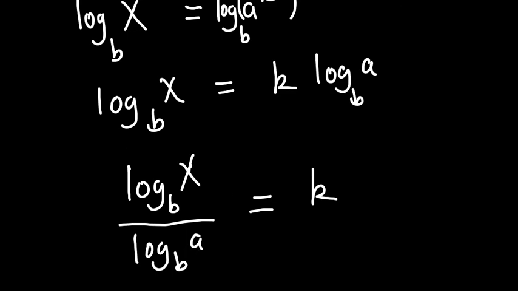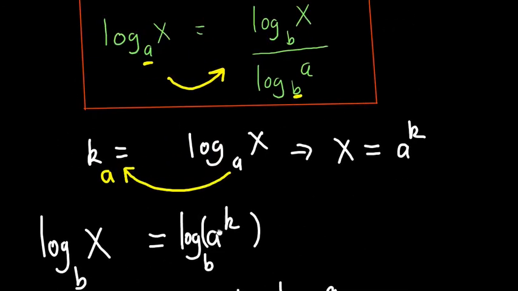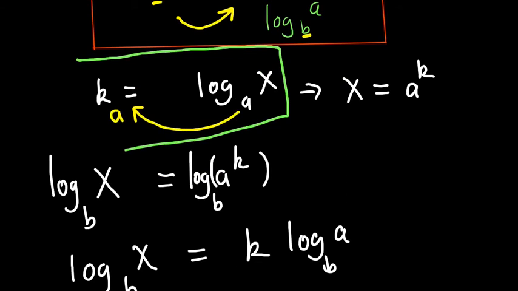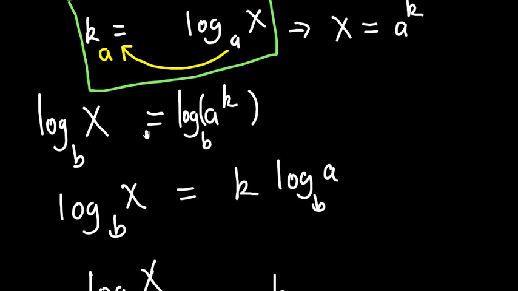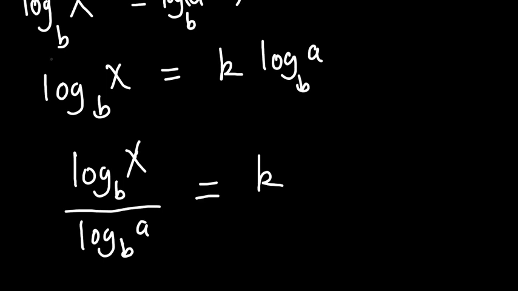And as we stated earlier on, where I said k is equal to log x base a, we can substitute in place of k, log x base a. So k is equal to log x base a.